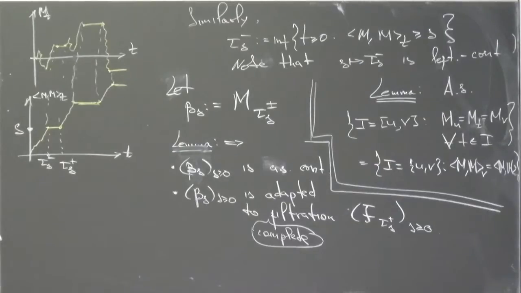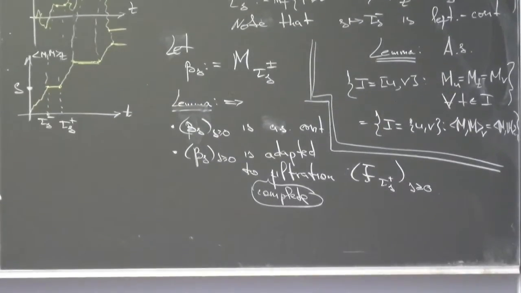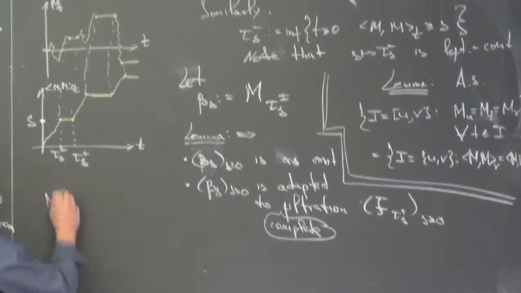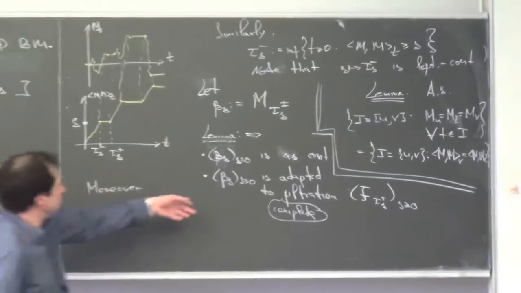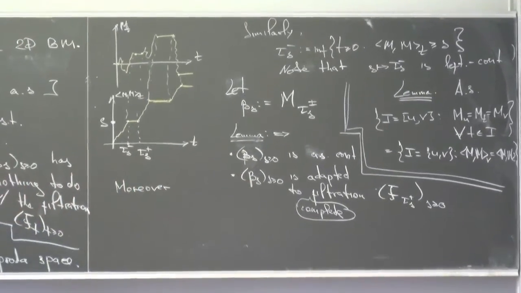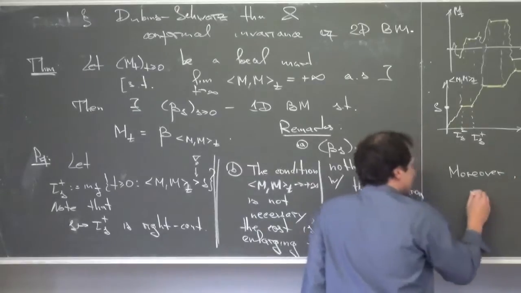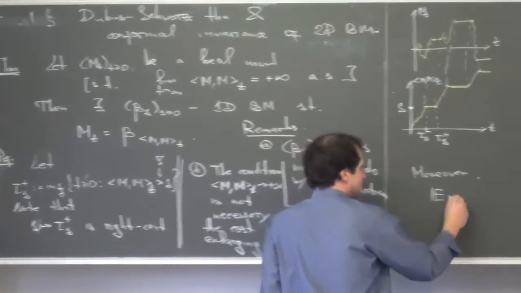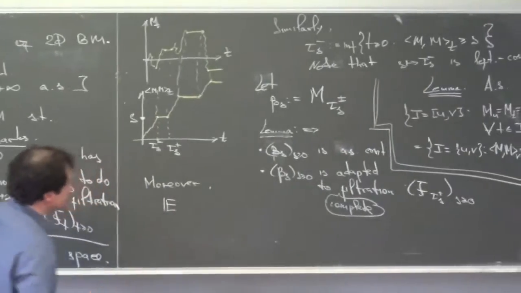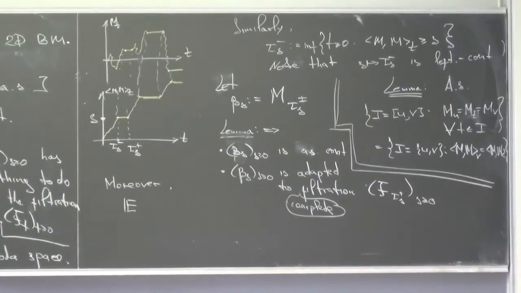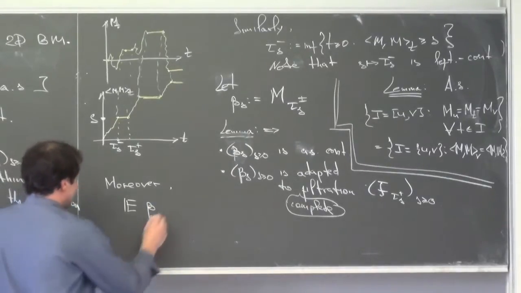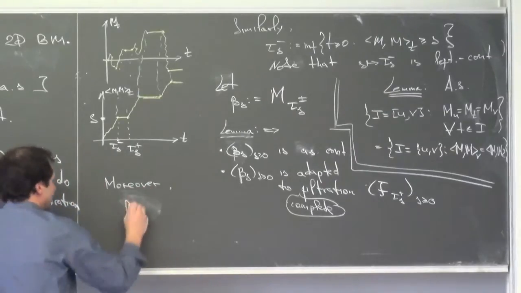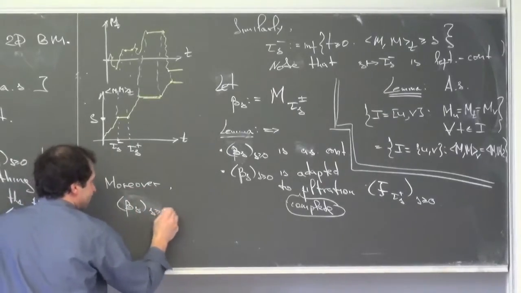And moreover, you know that this was a martingale, a local martingale. I mean, M_T was a local martingale. And moreover, we know that, of course, the expectation of B. Okay, what I'd like to say is that this is a true martingale.